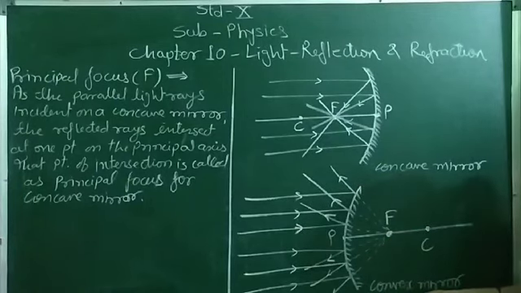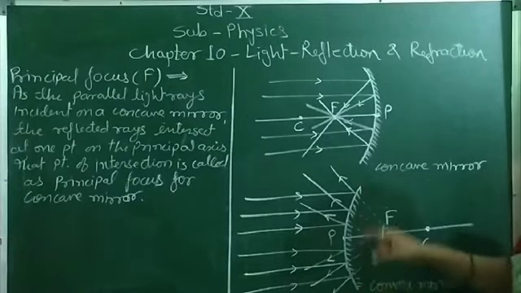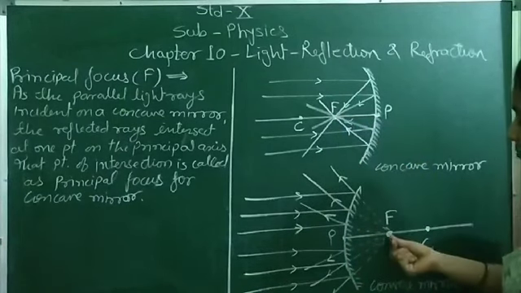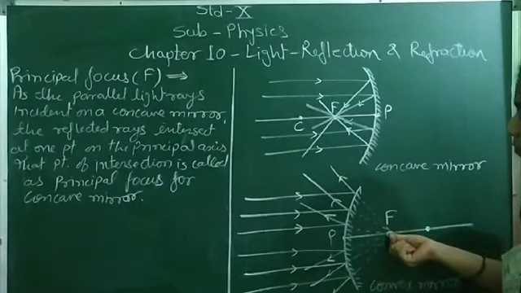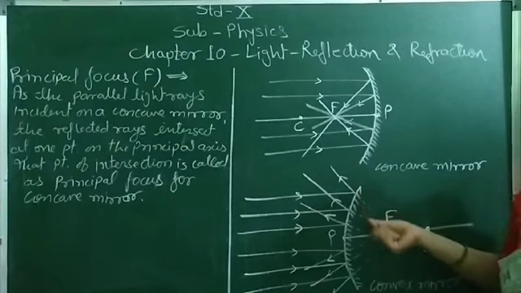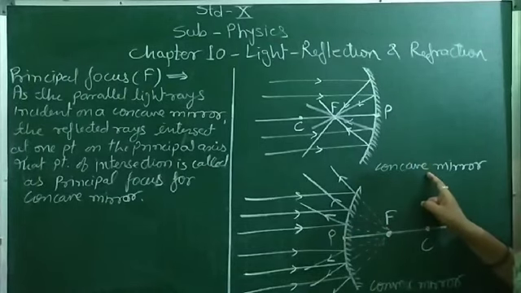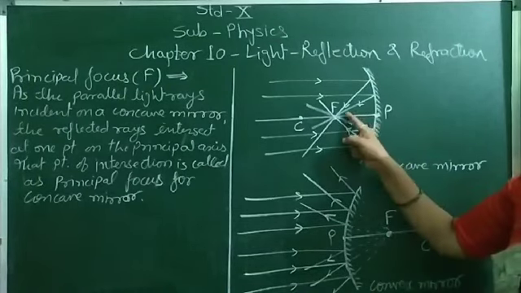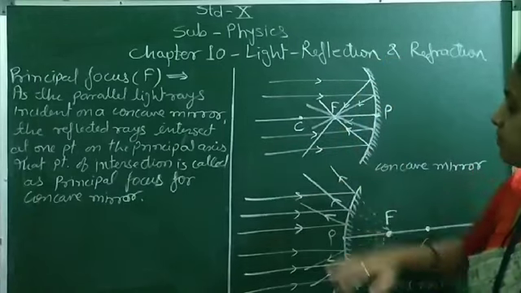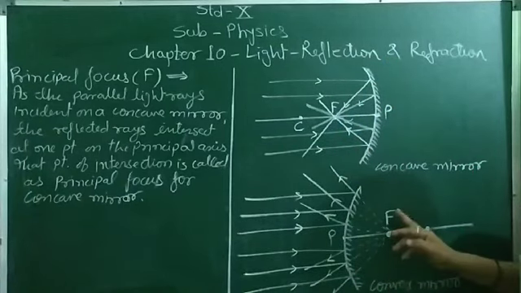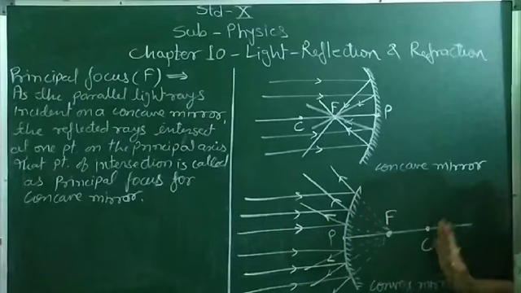In both cases, the point of intersection, or the point from which the light rays appear to come on the principal axis, is called the principal focus. In a concave mirror, the principal focus is in front of the mirror, and in a convex mirror, the principal focus is behind the mirror.